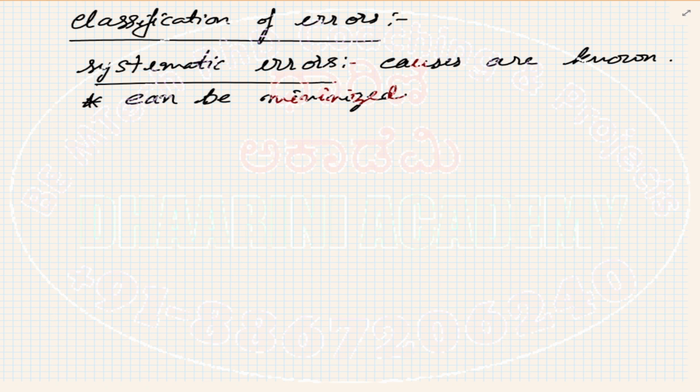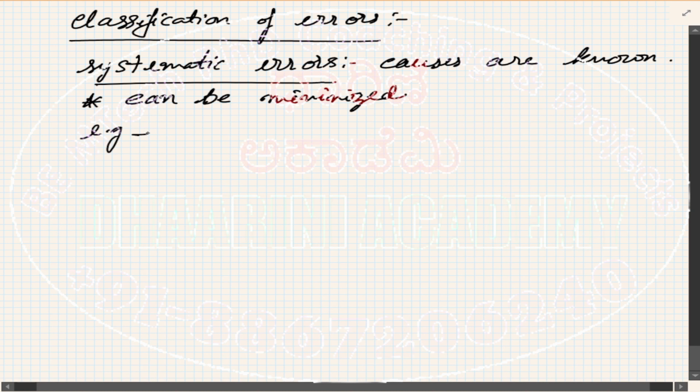So we know that if there is a systematic error because of a problematic instrument, you can replace that instrument with a more accurate one. That's the simplest case. So let's see the examples: erroneous instruments. When I know that the instrument is not proper, I can simply replace it.